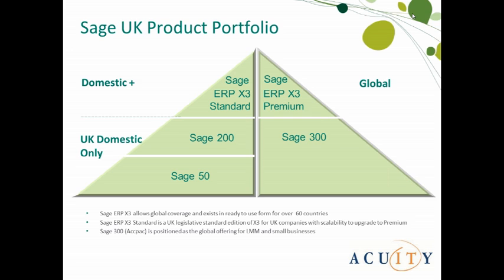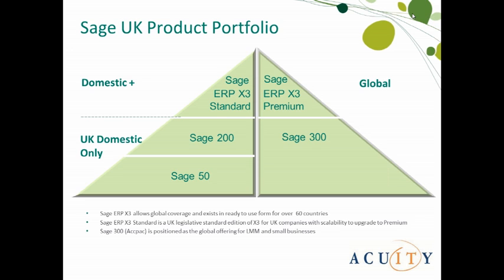requirements are UK VAT. The Sage ERP X3 standard product is a scaling up in that arena, so it would be suitable for companies that have a larger scale or more diverse functional set of requirements, but are still fundamentally within the UK.